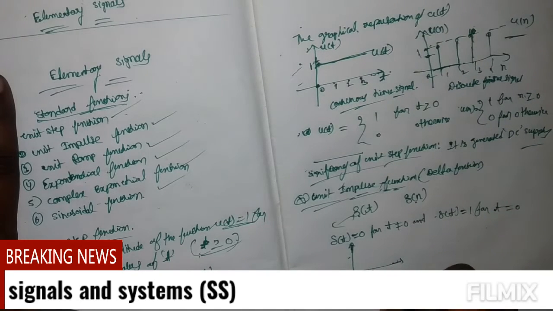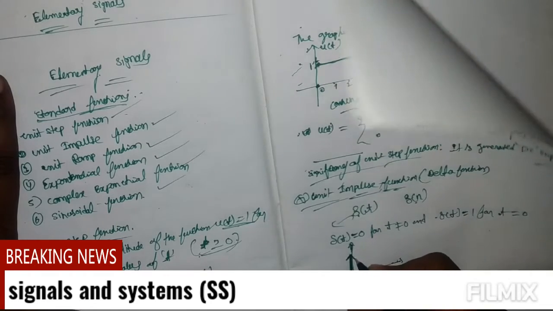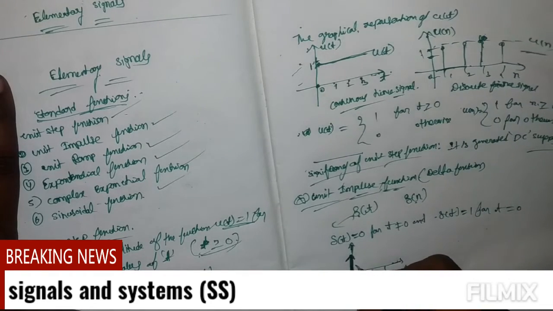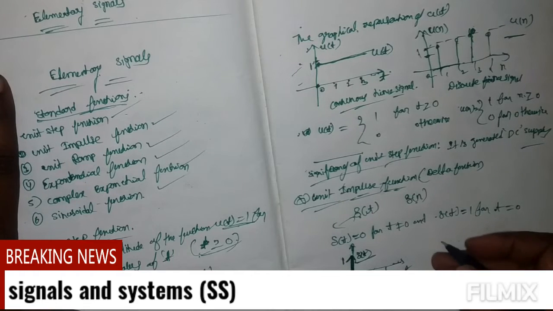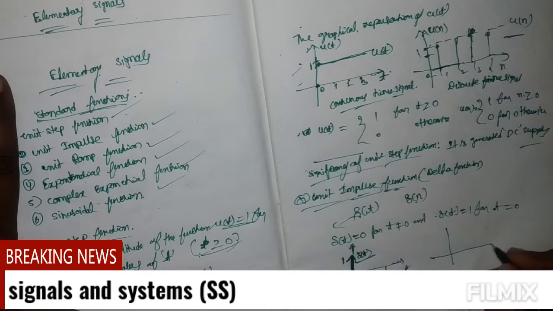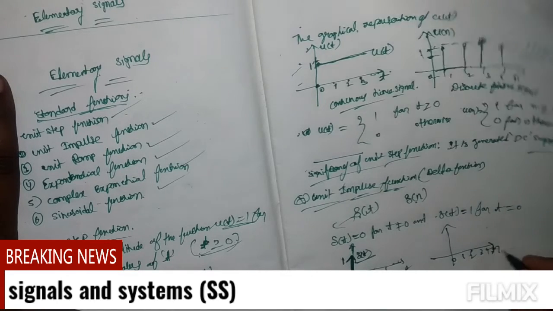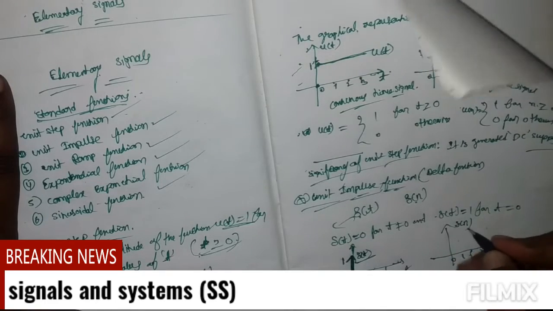The graphical representation of the impulse function for a continuous time signal: at 0, 1, 2, 3 on t, this is a single value, delta of t, the unit impulse function. This is also represented in discrete form, with samples n, this is delta of n.